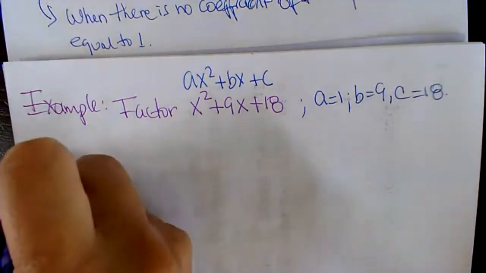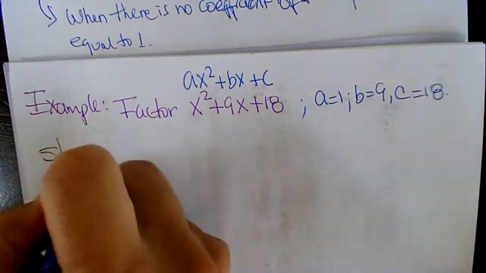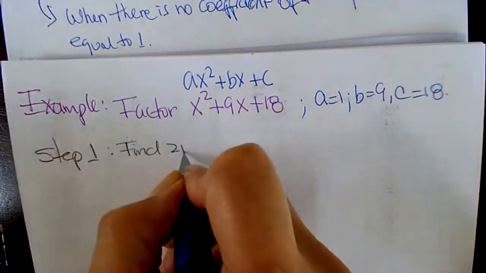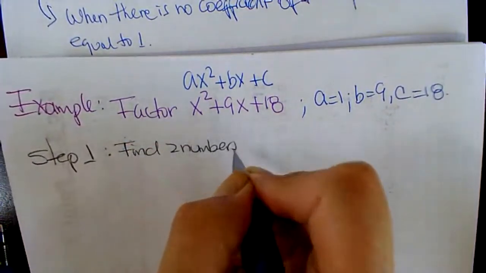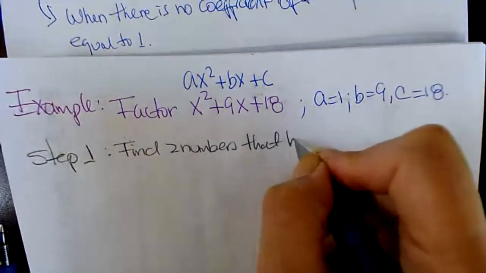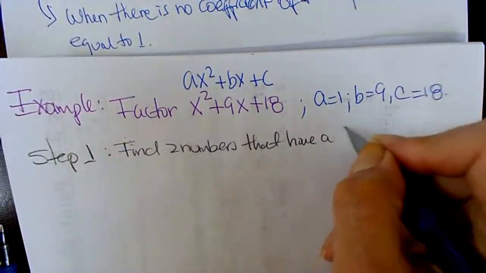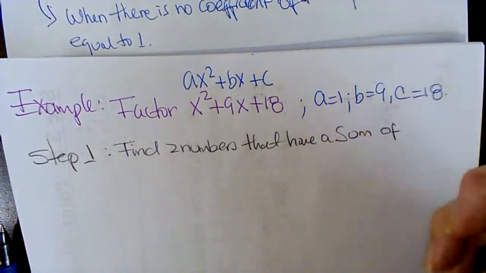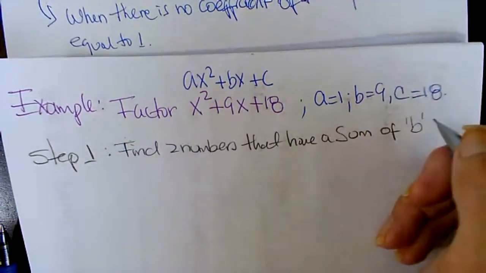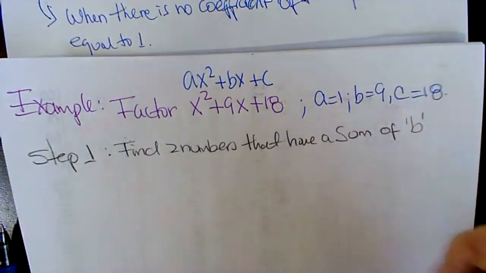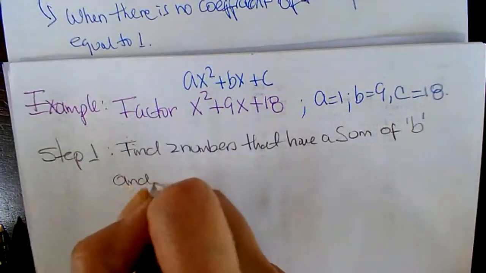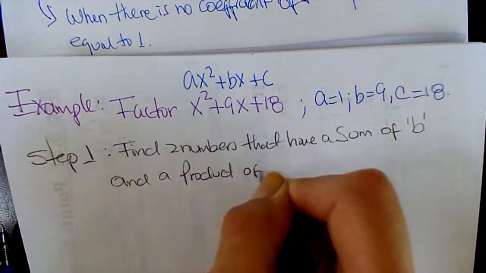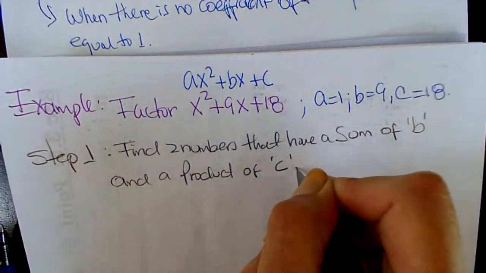So step 1: we're going to find 2 numbers that have a sum of B, meaning 9, and a product of C. Okay?